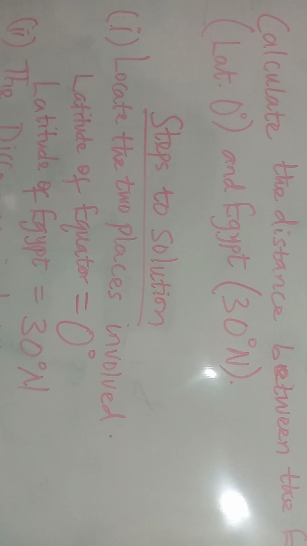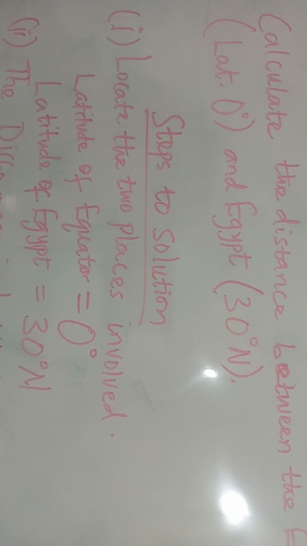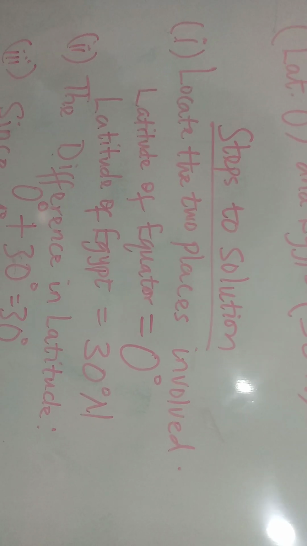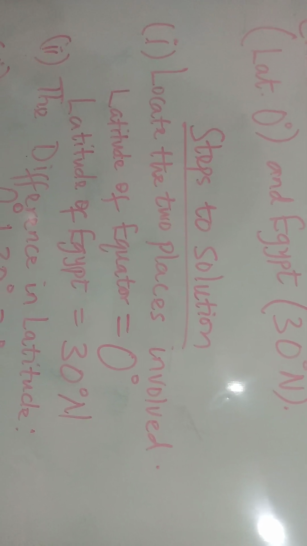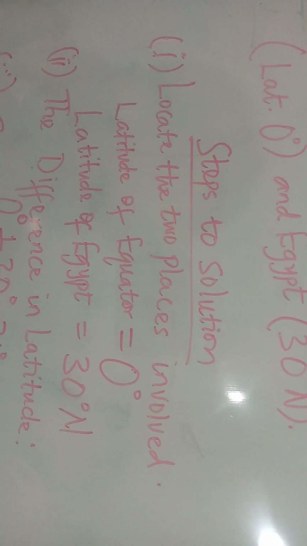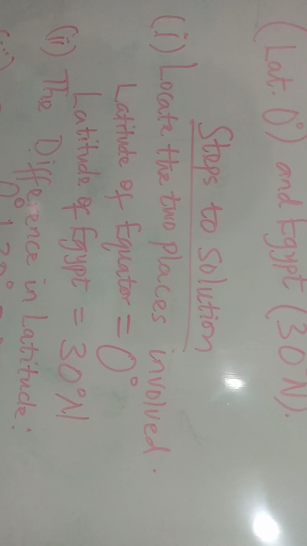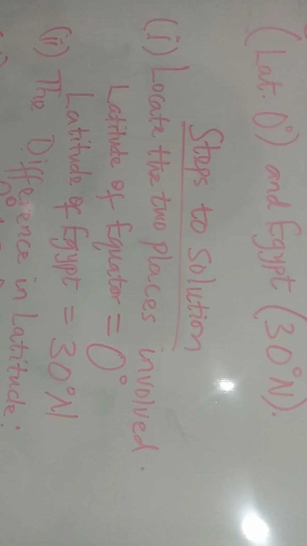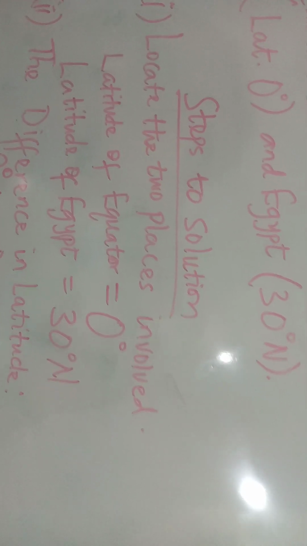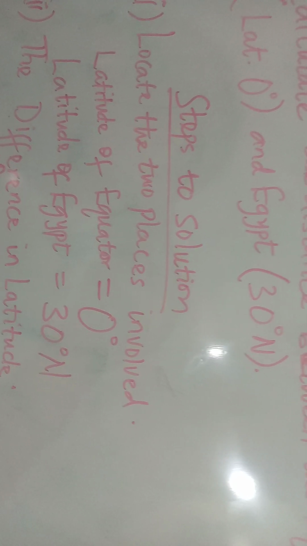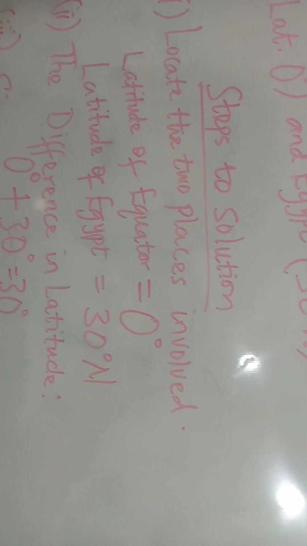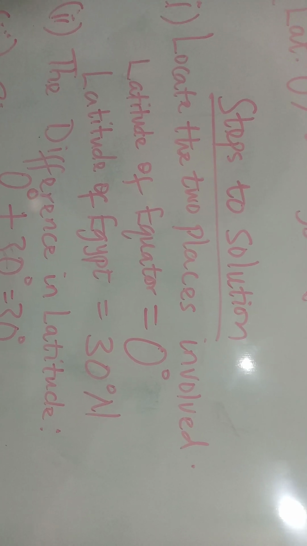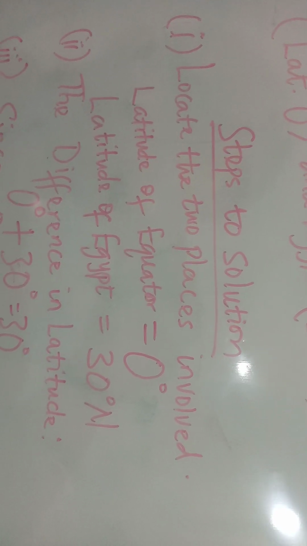Now we want to look at the next step, which is what? The difference in latitude. That was the second step. Find the difference in latitude. One of the rules says if it is the equator and any of the north or south, you either add or subtract. But if you subtract, you're going to have a negative answer because the equator comes first.